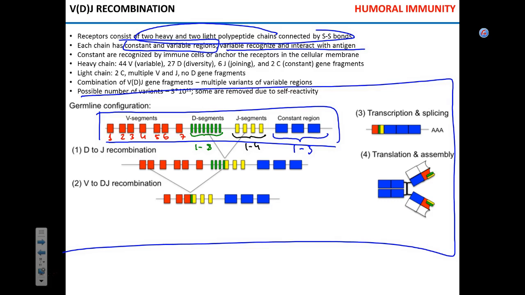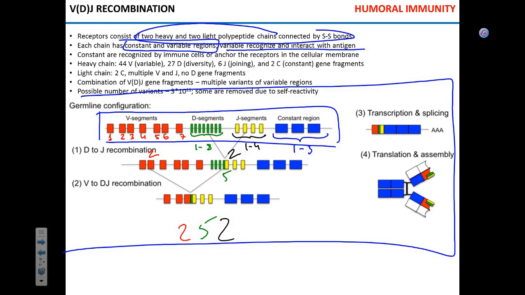During the selection process, say number 2 is selected, right? Here, number 5 is selected, and here, the yellow one, number 2, is selected as well. So you have a combination of 2, 5, 2. Okay, that's numbers of the segments, right?